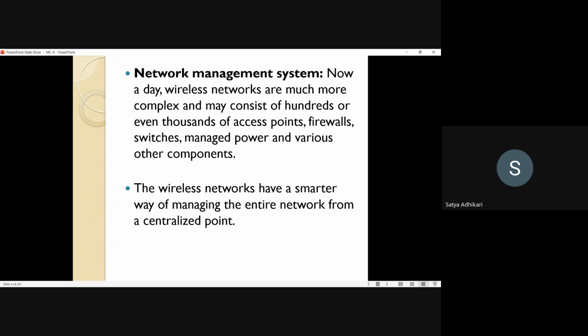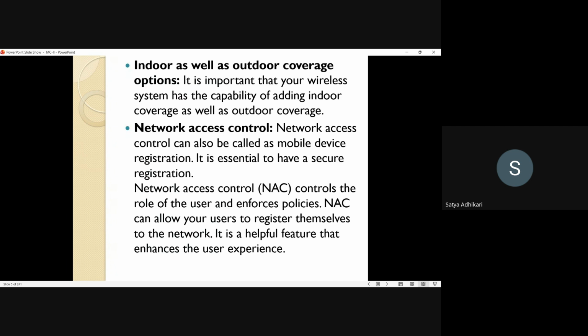It also has indoor as well as outdoor coverage options. So it is important that our wireless system has the capability of adding indoor coverage as well as outdoor coverage.